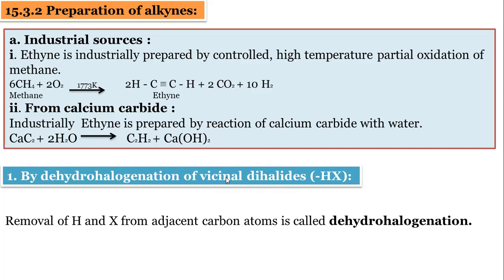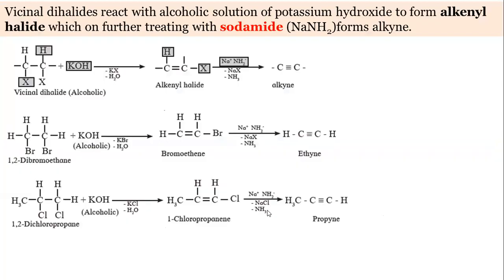Vicinal means two halogens are present on adjacent carbon atoms. I will give you one example. Dehydrohalogenation means we have to remove hydrogen and halogen X from adjacent carbons. It is called a dehydrohalogenation reaction. See this example, vicinal dihalides.